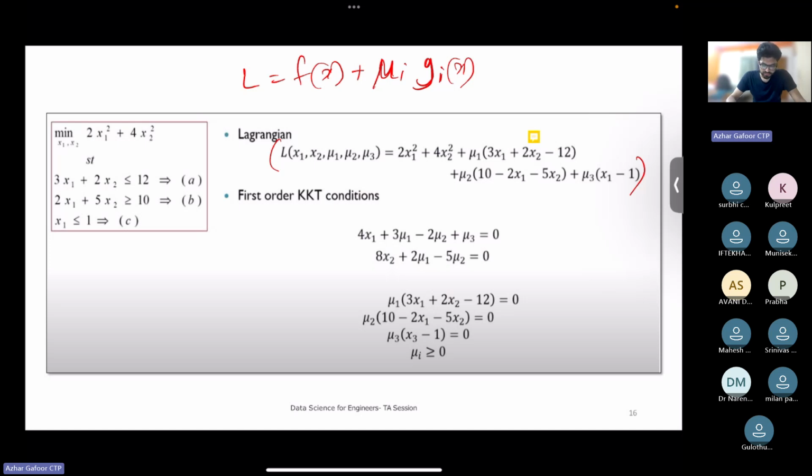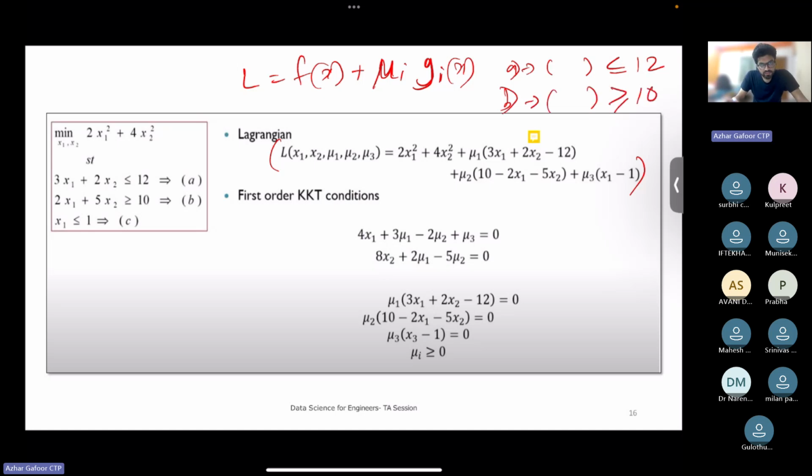But one thing to note is that we have to convert all the g's into standard form. What is the standard form? Here we can see that in the A equation we have something less than or equal to 12, whereas in the B equation it is greater than or equal to 10.